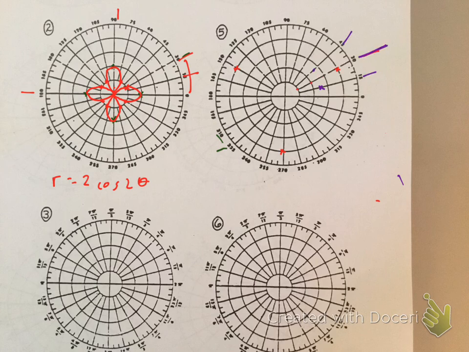So I have to go 1 spoke of the wheel away here. So one of my petals is going to look something like this. And I'm supposed to do the same thing over here. I'm going to go 1 spoke of the wheel, 2.8, 1 spoke of the wheel, 2.8. So my other petal is going to look something like this, and my last petal is going to look like this.